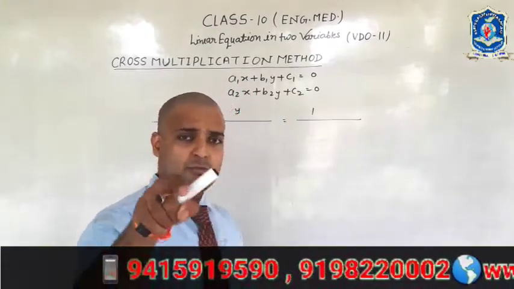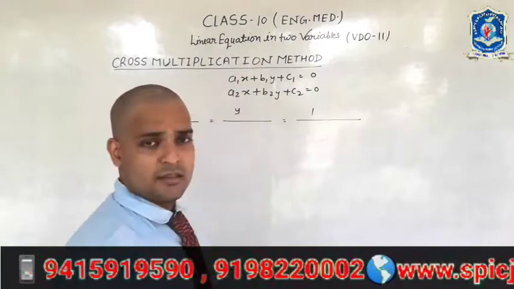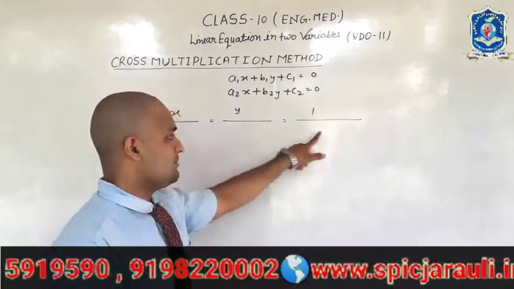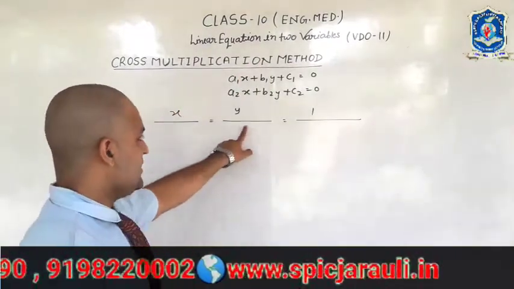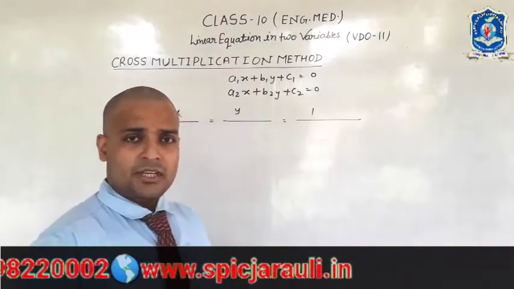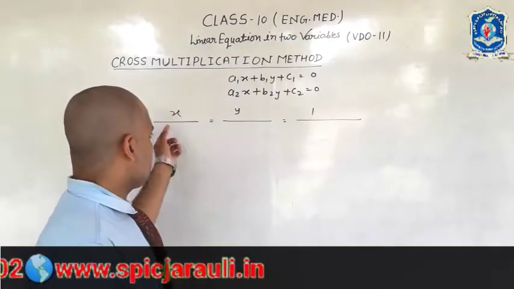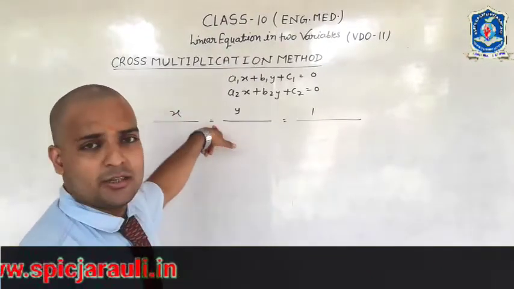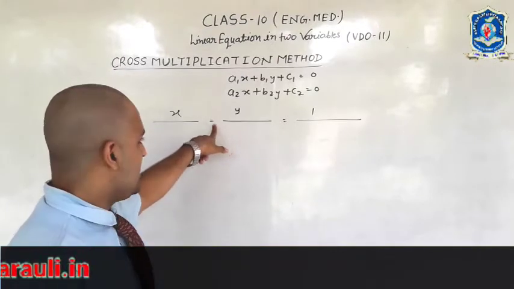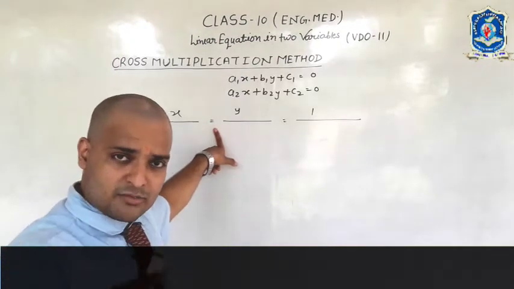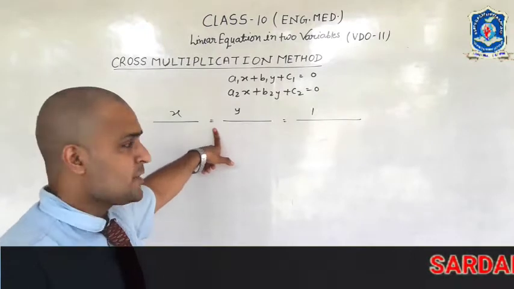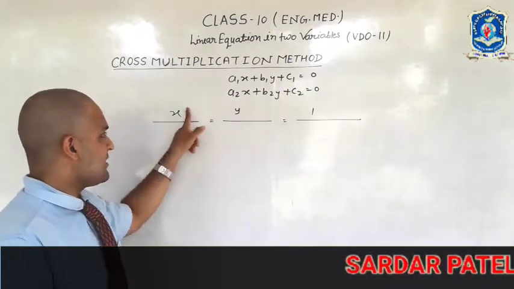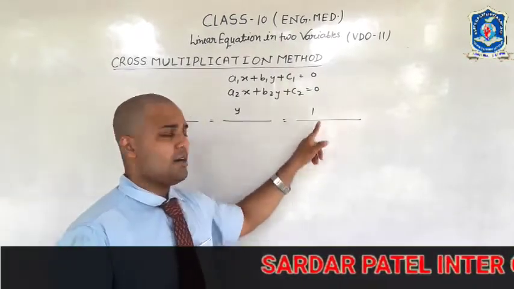Your equation should be in this form, then you can solve it by this method. There is an equal sign, because when we cross multiply, the two expressions will be equal. So x upon, y upon, 1 upon.